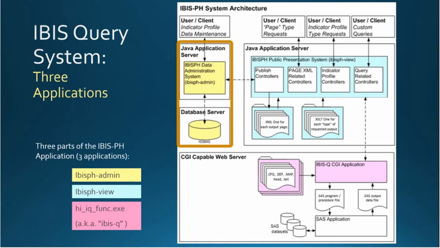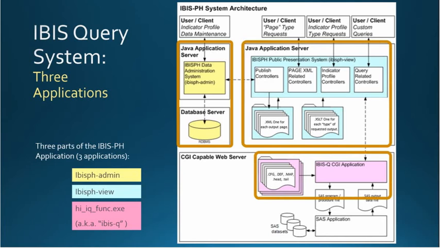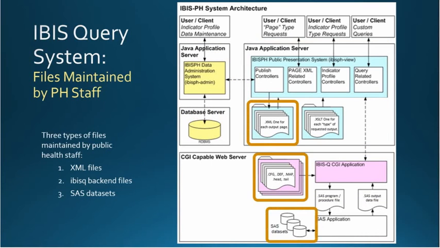The IBIS application consists of 3 applications: IBIS Admin, IBIS View, and HiIQ Func, also known as IBIS-Q. IBIS Admin has nothing to do with the queries, so we're not going to talk about that piece in this video. These are the parts of the application where files reside that are maintained by public health staff and not IT staff or software developers.